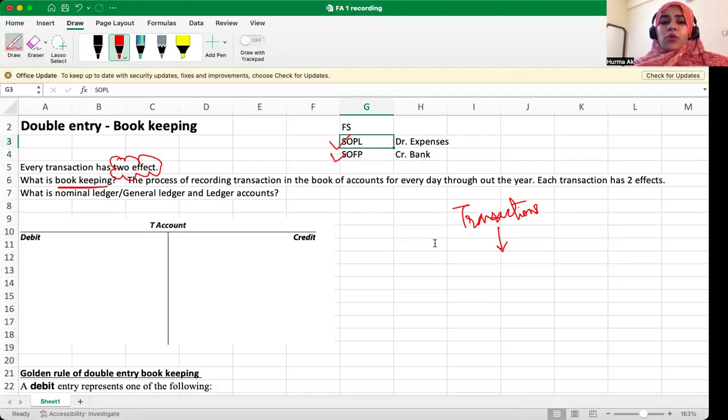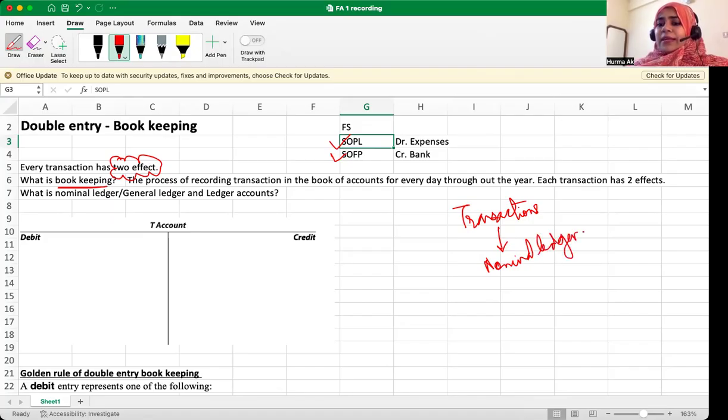So this goes into a book or a file. We usually have a term for it in financial accounting in ACCA. It's a professional course, so you need to have some really good technical terms. We can't just call it a book, right? So we're going to have some name associated with it. We usually call that book a nominal ledger or a general ledger.